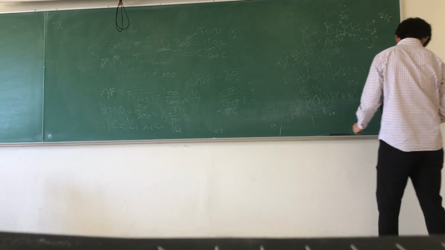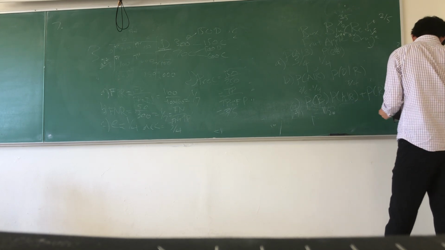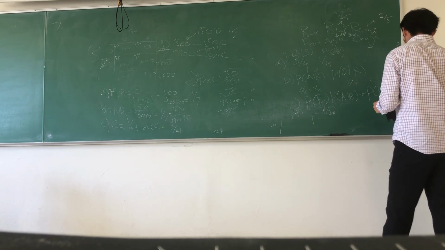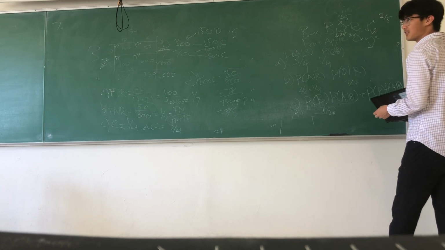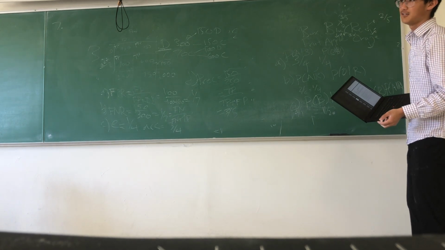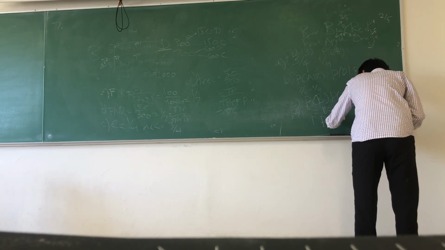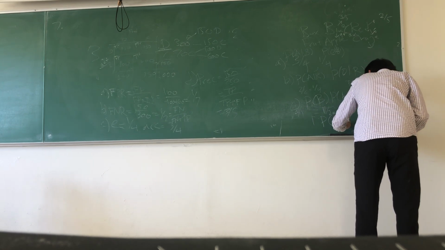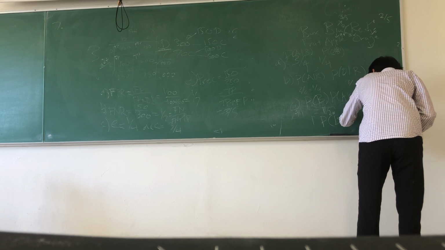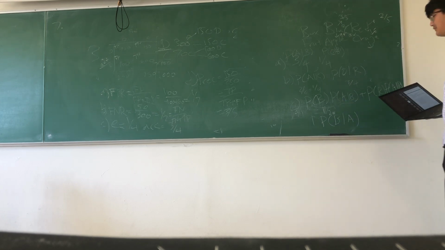So now we want to use Bayes' theorem. We want to know the posterior distribution of the box being blue given that my fruit was an apple. In other words, we're going to go backwards now. What's the probability of my box being blue given that I took an apple as the fruit?